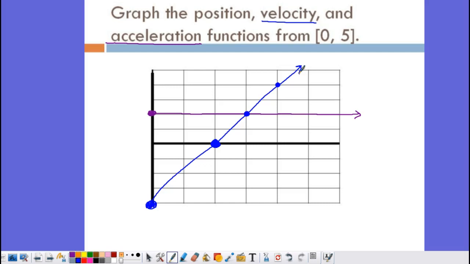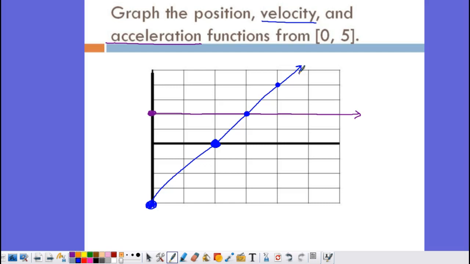When the velocity is negative and the acceleration is positive, then the particle is slowing down. When the acceleration is positive and the velocity is positive, then it's speeding up, and the max speeding up or slowing down will occur at those points of intersection. We're going to get into that. Don't stress about it.